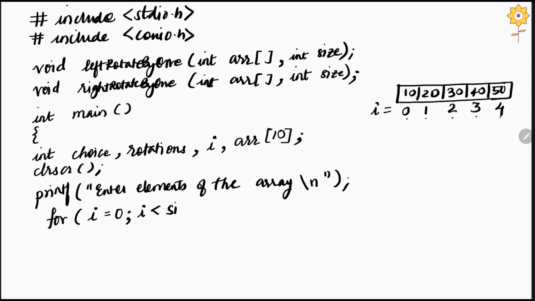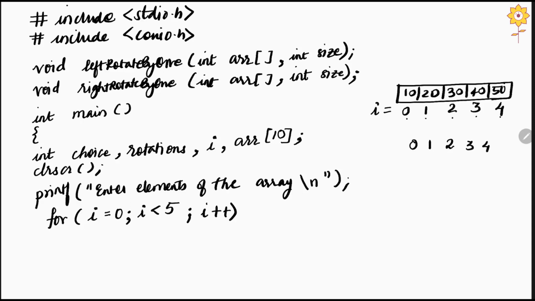As per this, the size is 5, so we can directly write that i should be less than 5. i will be 0 initially, and at the end we will write i++. In the next iteration i will be incremented, it will become 1, then 2, then 3 and then 4, right.